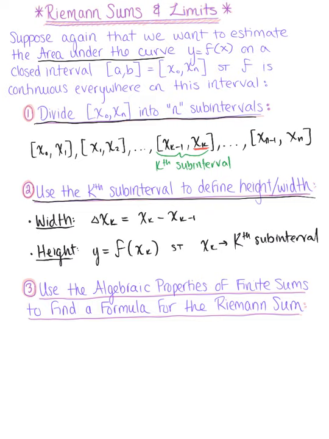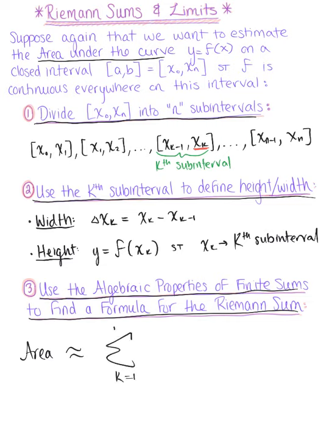Then last but not least, we want to use those algebraic properties of finite sums to find a formula for the Riemann sum. And that's going to be defined by the area approximation. So we know that the area is approximately equal to the sum from k is 1 to n of the height of that kth subinterval, f of x sub k, multiplied by the width of that kth subinterval, delta x sub k.